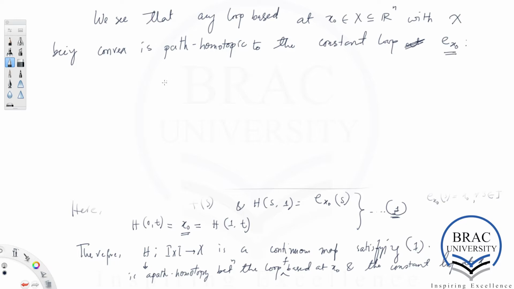Therefore, pi_1(X, x0) is the trivial group, the class of e_x0. Okay, so this is what we wanted to see.